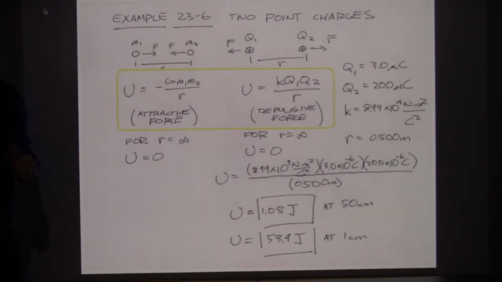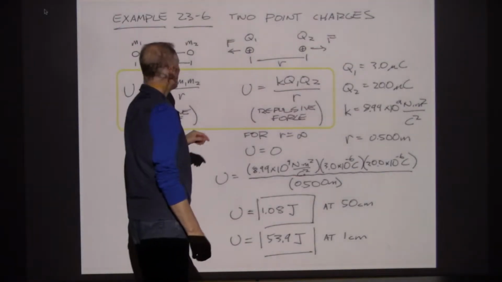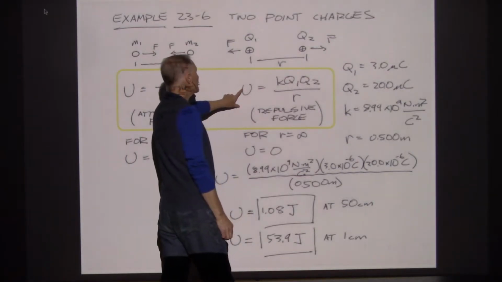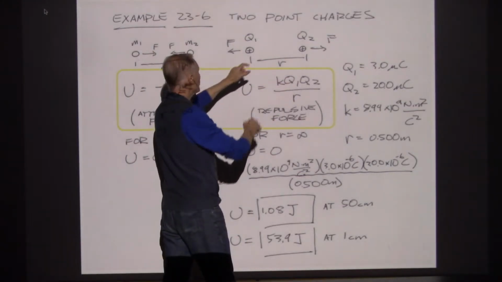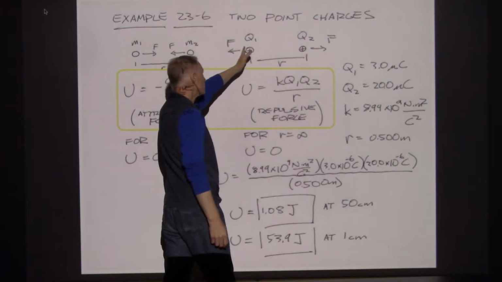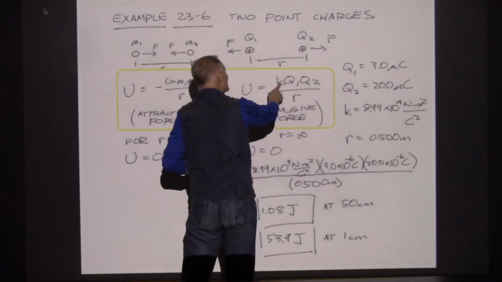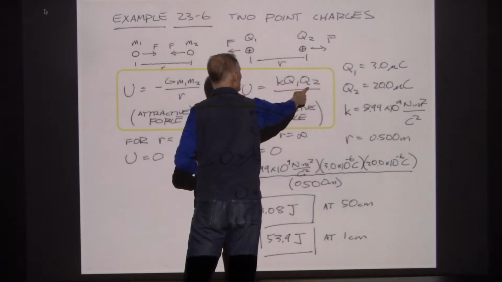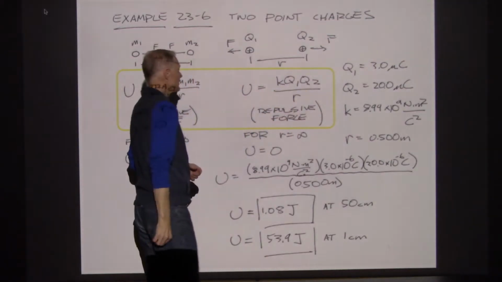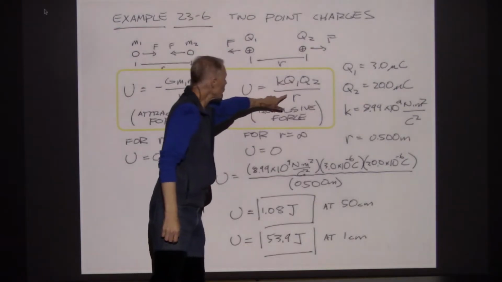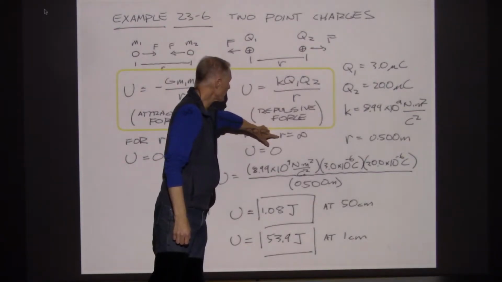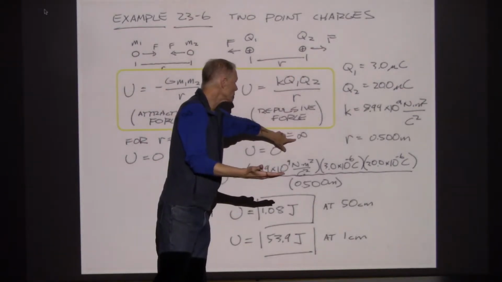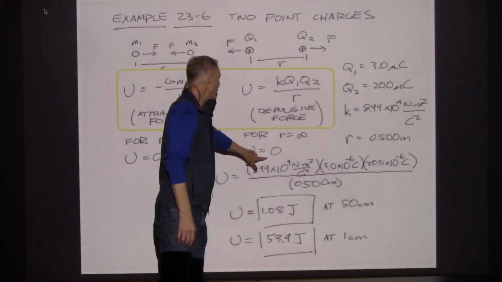Okay, so let's calculate the amount of energy we're going to need to bring two charges closer to each other. It is given by this formula, which is important for us: KQ1Q2 over the distance of separation. What this formula says is if the distance of separation is infinitely large, the potential energy is 0.